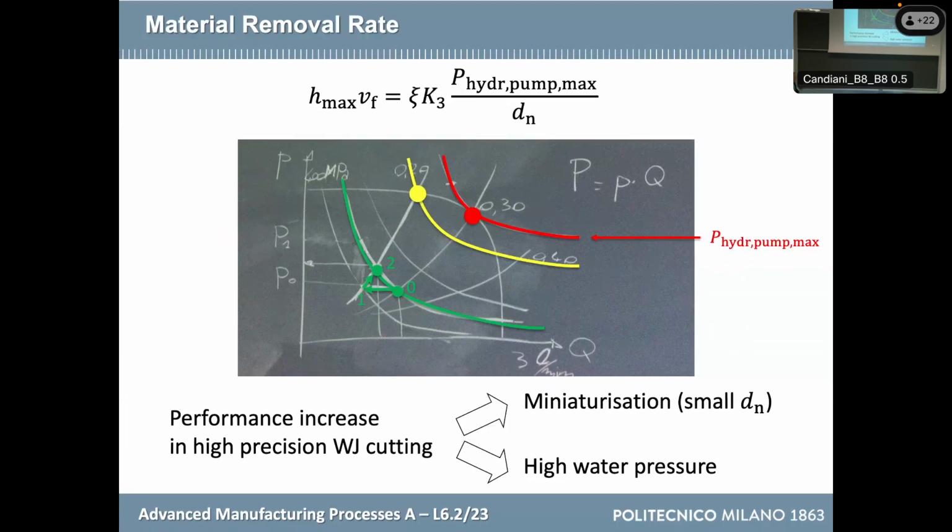And if we start from the 0 position, that is on the curve of the 0.30 orifice, and we want to change the orifice, we switch and we go to the curve of the 0.20. We move horizontally because I'm not touching the pressure. I am at the same pressure. I'm just substituting the orifice.